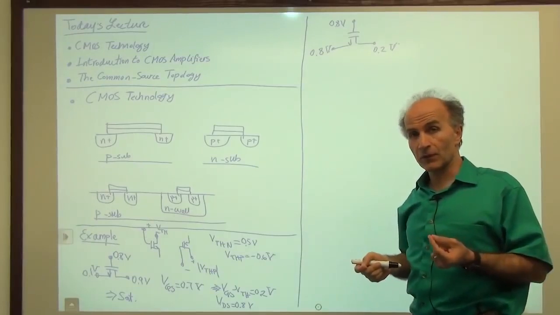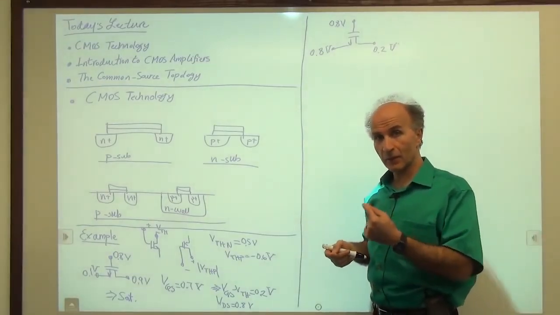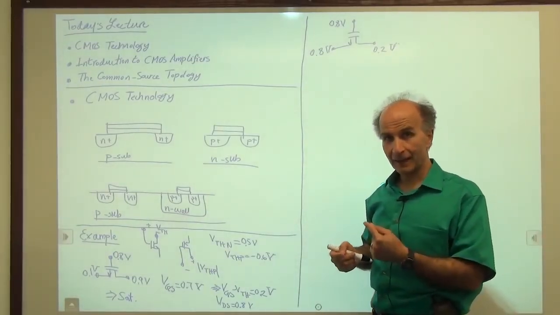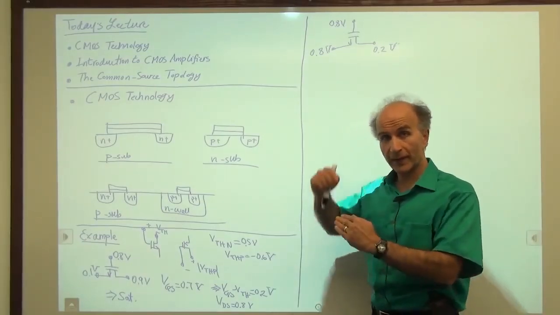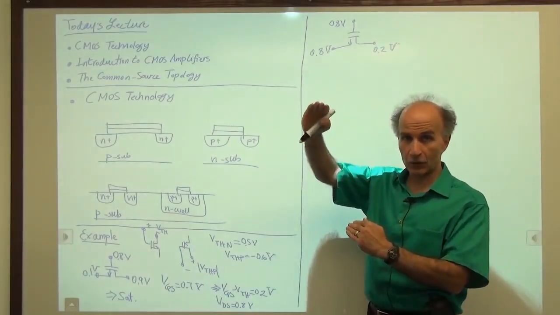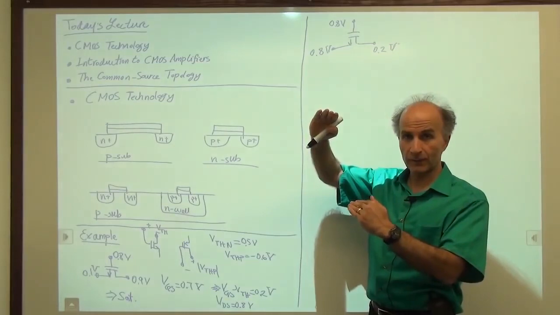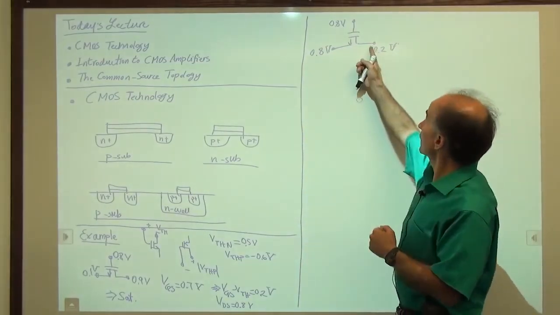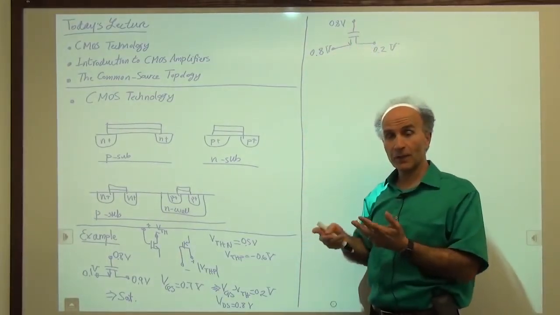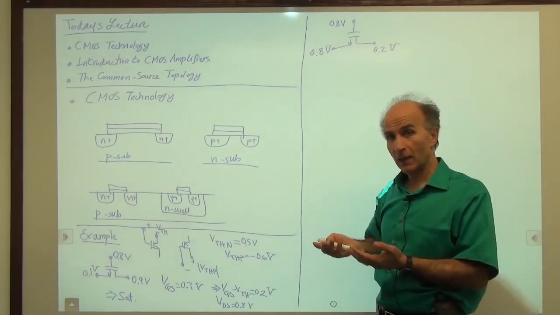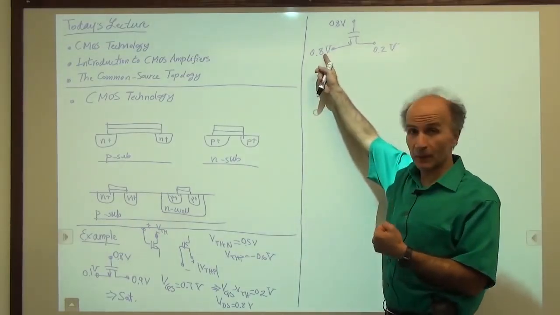What's the definition of a source? The source is the terminal of the NMOS that is lower in potential than the drain of the NMOS, right? The drain has to be higher than the source. Now if you look here, which one of these would be a candidate for the source and which one would be a candidate for the drain? Well, this one has a lower voltage than this one.